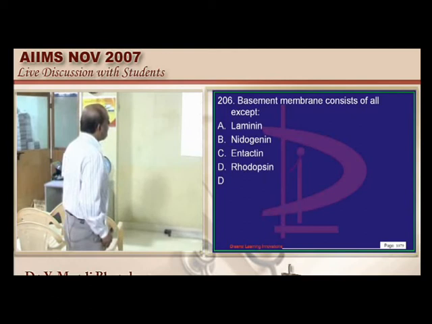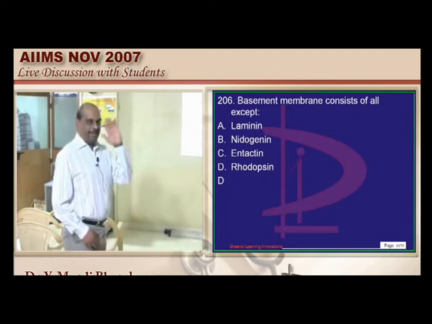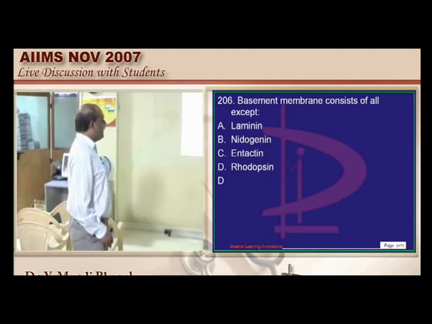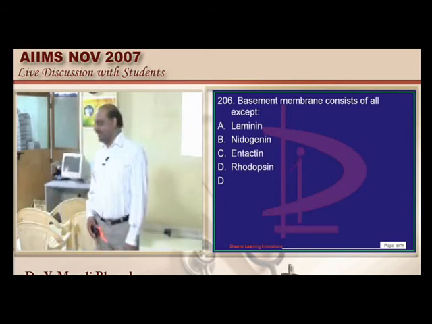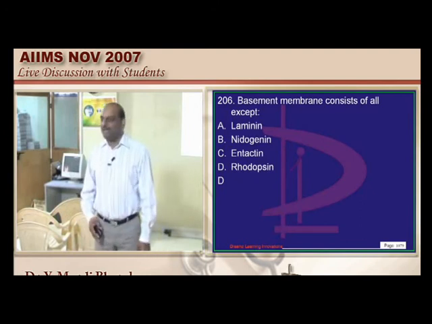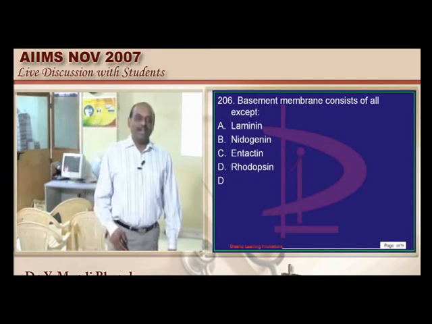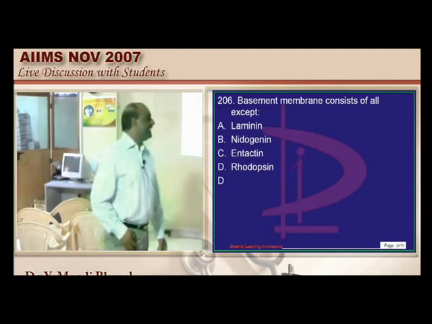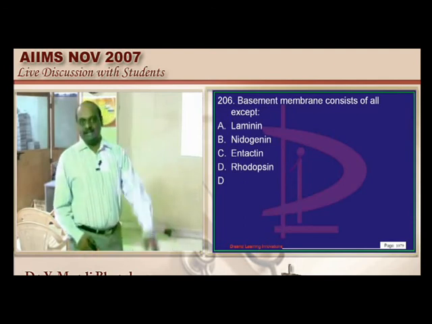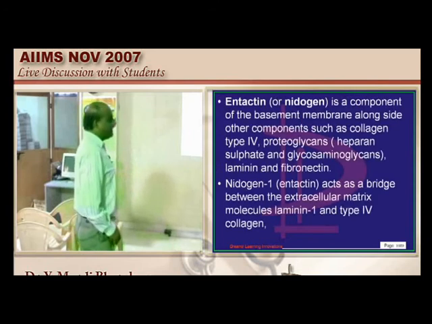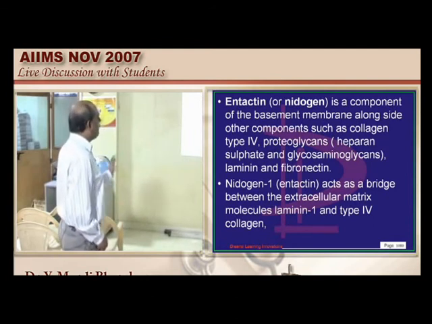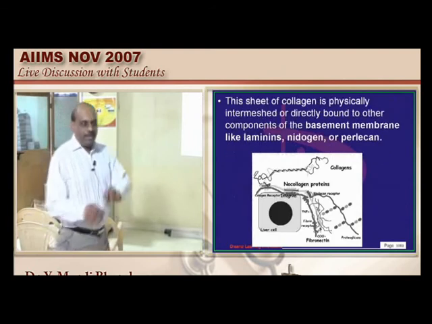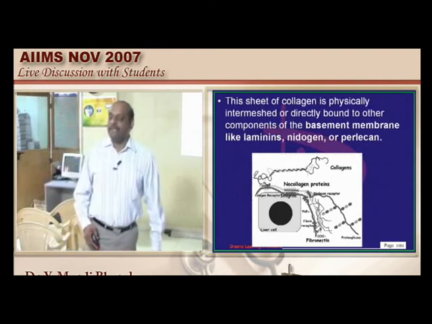Now what does the basement membrane contain? Another meningeal level question. Laminin, nidogen, entactin, have you heard of all of them? Very difficult unless you are a platinum medalist or insane about reading in the library. But anyway, some wild guess needs to be made. Entactin actually is a synonym for nidogen. So you have collagen type 4, proteoglycan, laminin, fibronectin. Naturally you require something to bridge all this material.